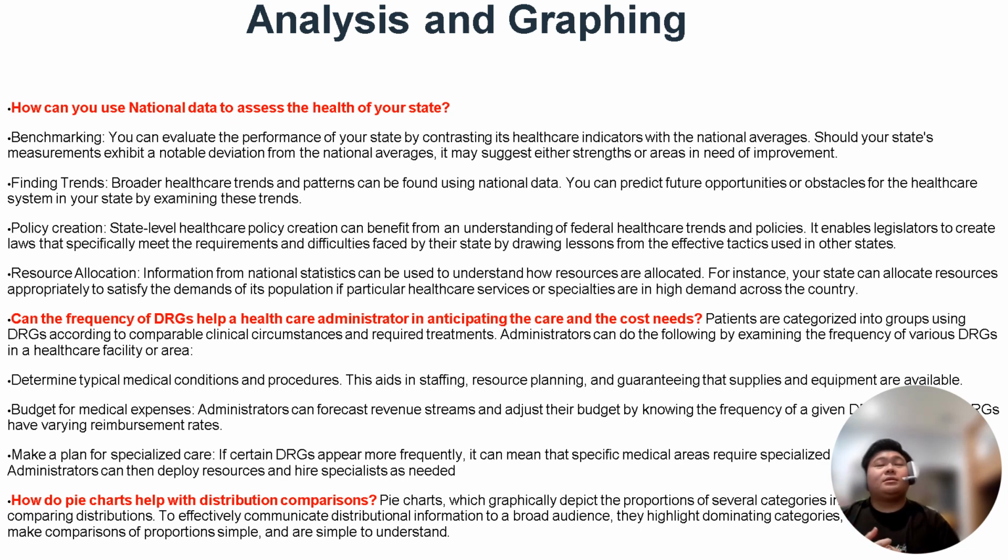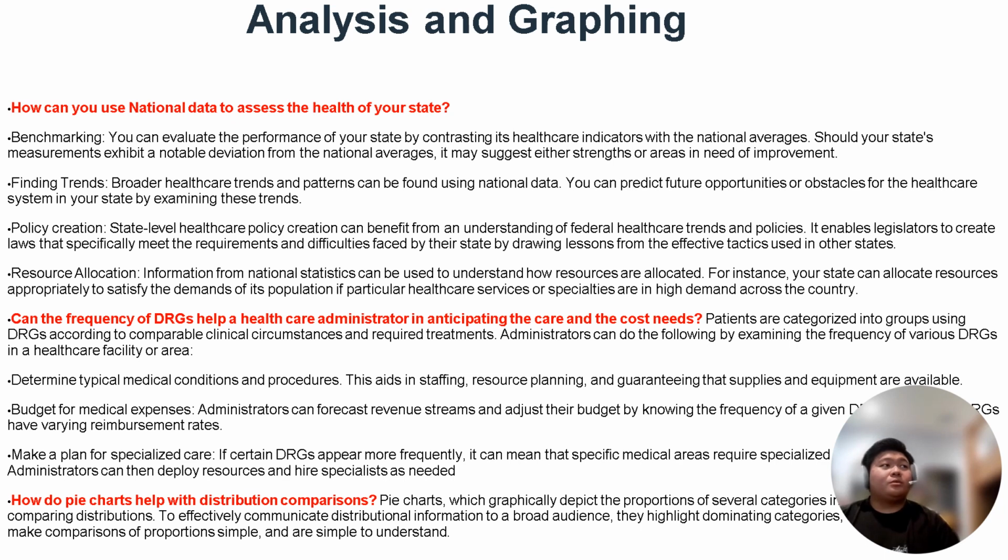Third one, policy creation. State level healthcare policy creation can benefit from an understanding of federal healthcare trends and policy. It enables legislators to create laws that specifically meet the requirements and difficulties faced by their state by drawing lessons from the effective tactics used in other states.